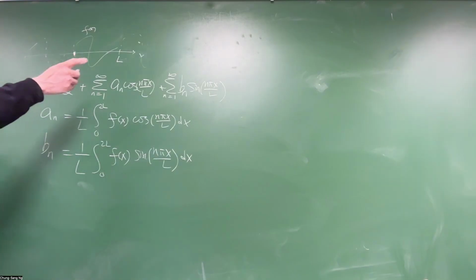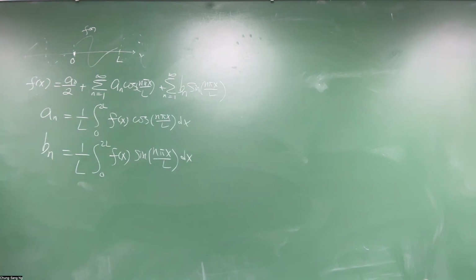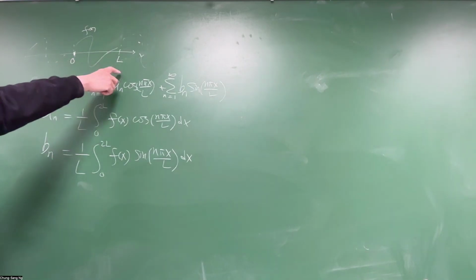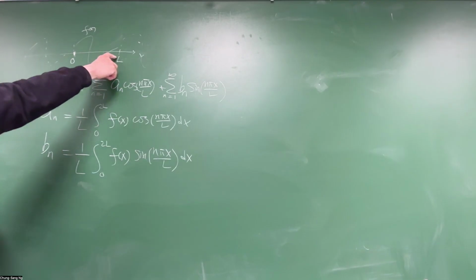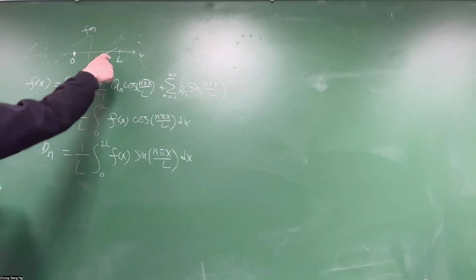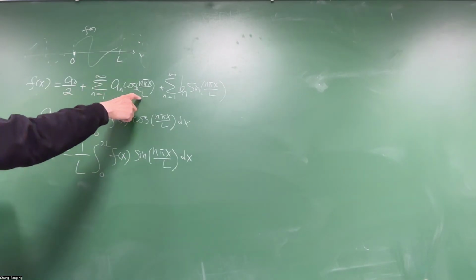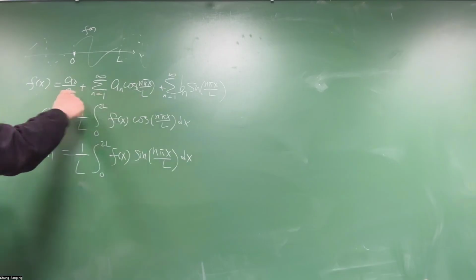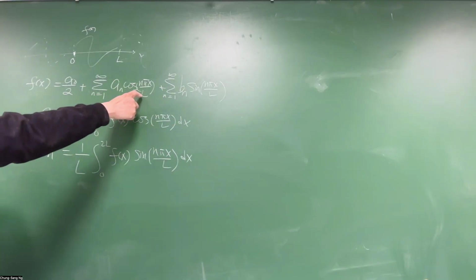But now I change my mind. I call it 0 to L instead of 0 to 2L. All you need to do is just rescale your variable, right? Or you can simply say that whatever the period, instead of calling it L, you call it 2L. So the old L becomes the new L over 2, right? Whatever L you have in the old formula, to get the new L, you just divide it by 2.